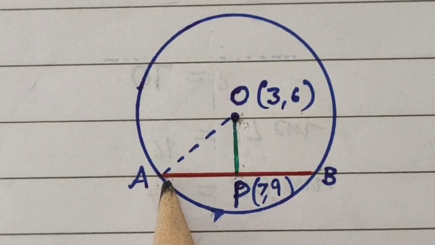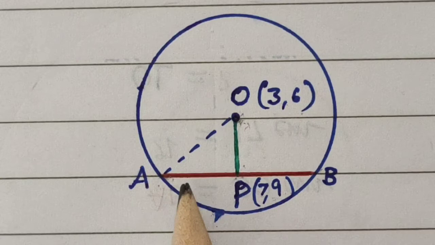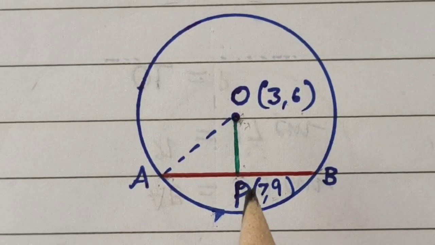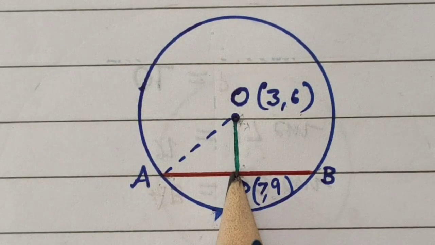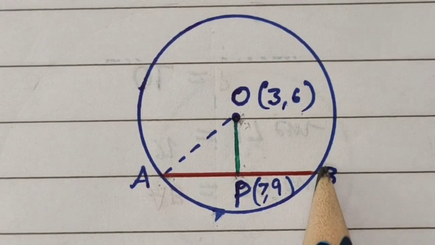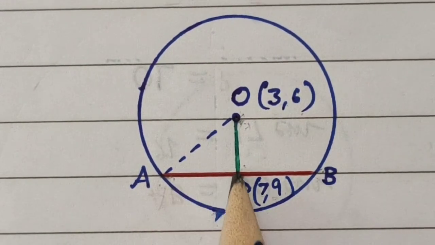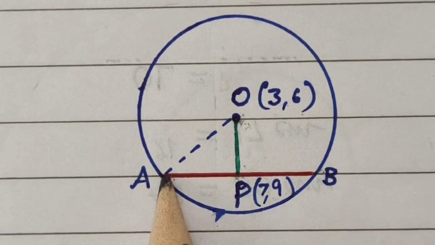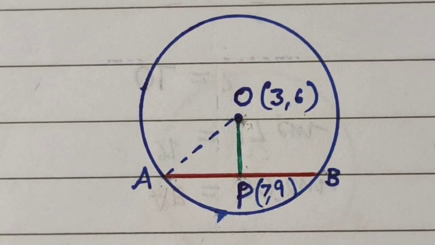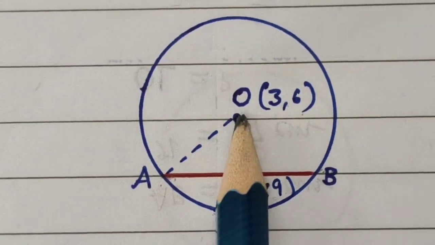After calculations we got AP is equal to square root of 144, that is 12 centimeters. AB is equal to twice AP, that is 12 into 2. We got AB is equal to 24 centimeters.